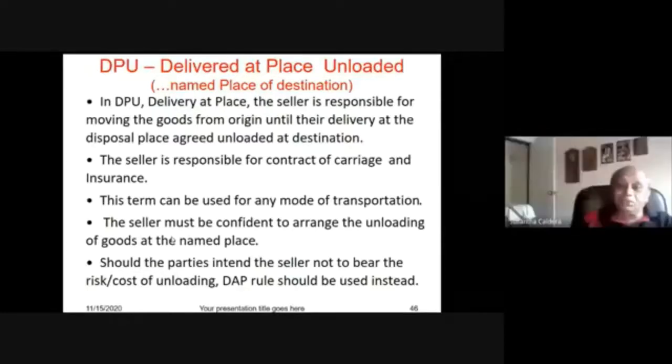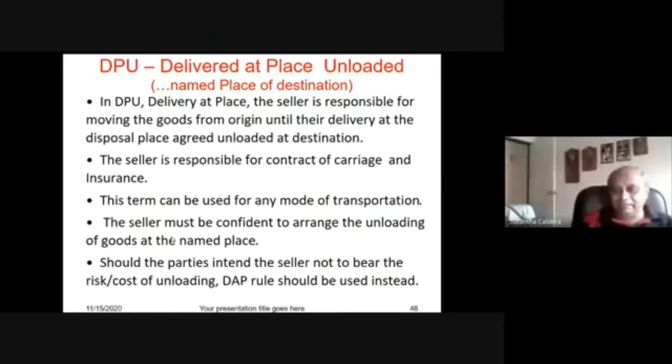The seller must be confident to arrange the unloading of goods at the named place. Now, goods are going from Kazakhstan to Germany. Kazakhstan is a country in the former Russian bloc. Through Europe they can take the goods to Germany, right?